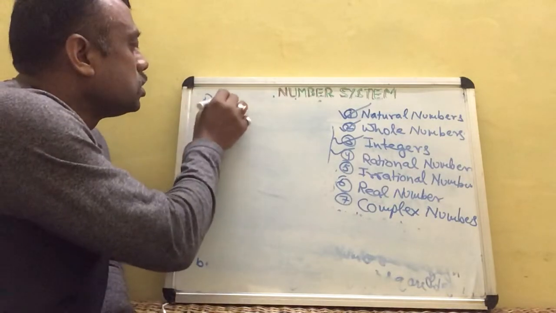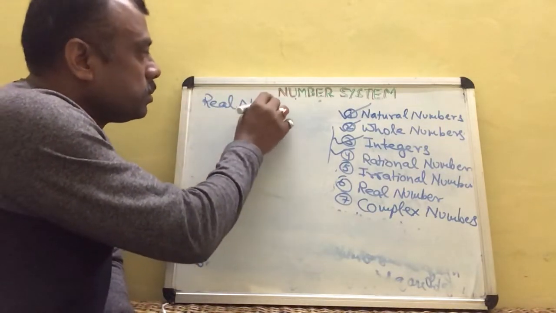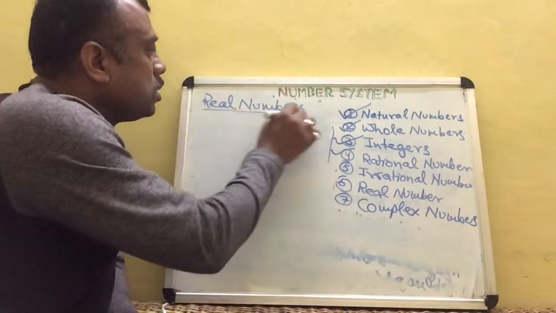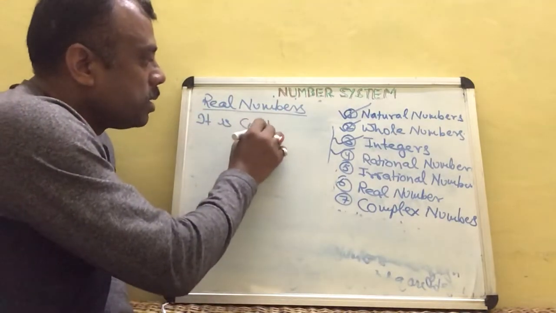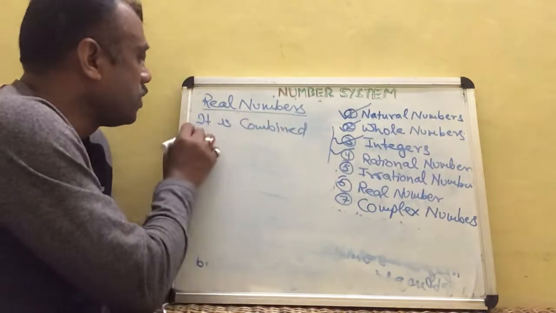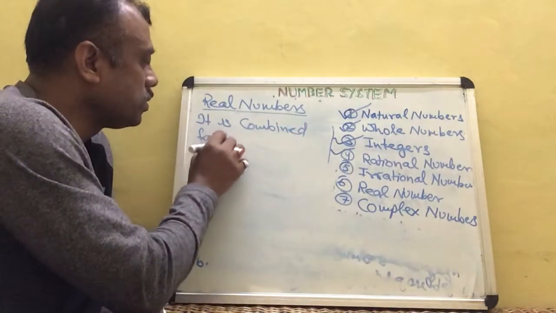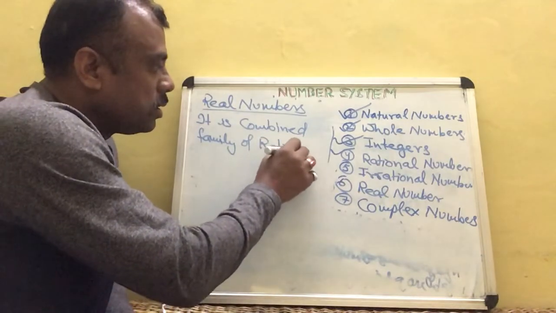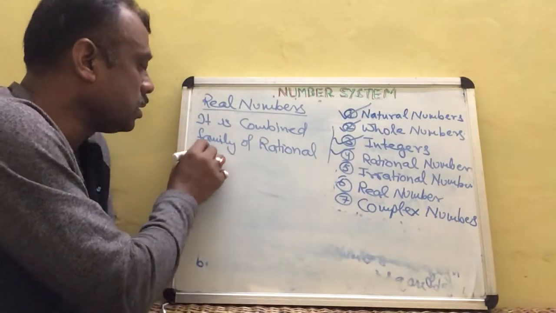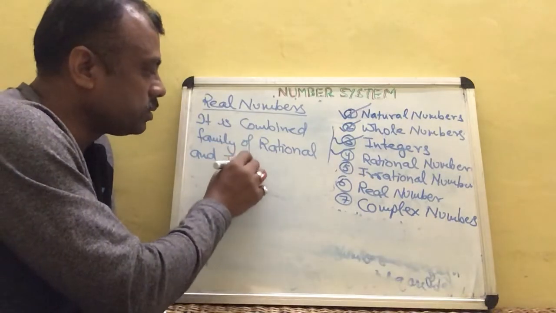So real numbers, it is a combined family of rational and irrational numbers.